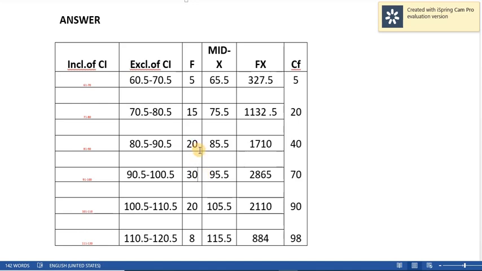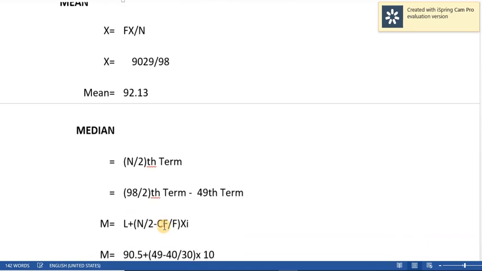Then F naught is the frequency preceding the modal class, this 20. Then F2 is the frequency succeeding the modal class, this 20, that we have to take.